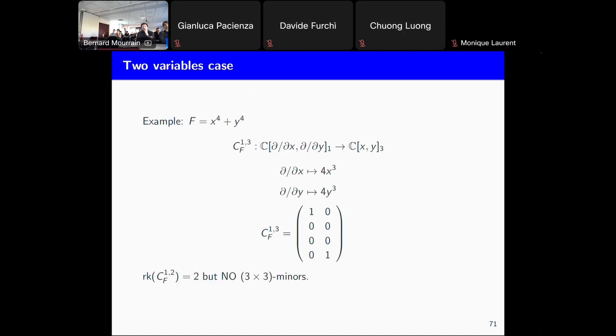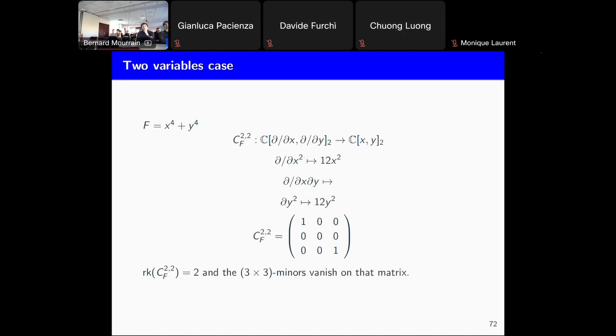It is not rank 1, so it's not a rank 1 tensor, but you see it has rank 2. But if you want to test the 3x3 minors, you cannot, because of size. The matrix has rank 2, but you cannot test that the 3x3 minors are 0.